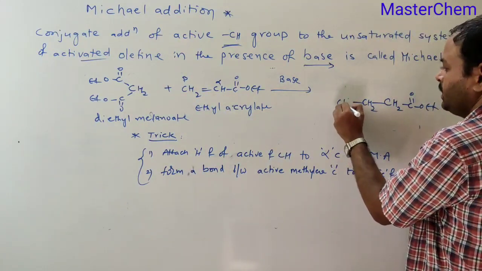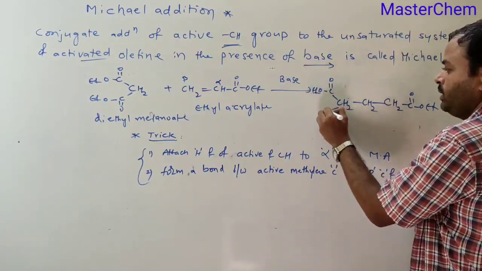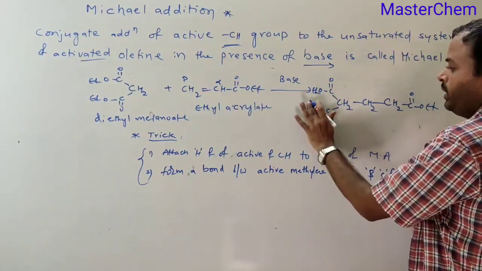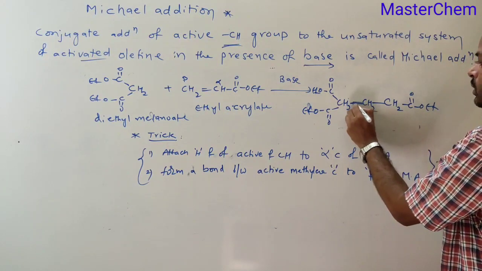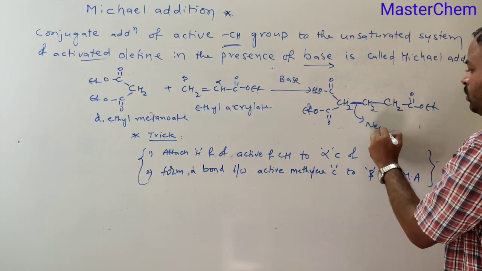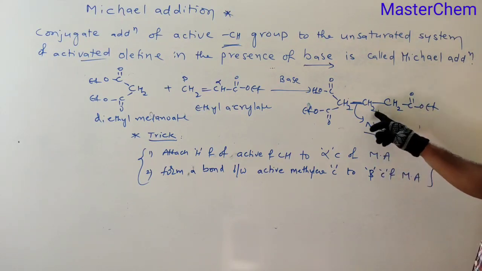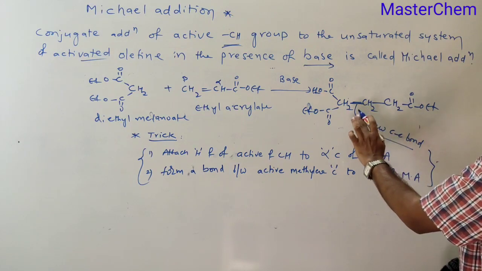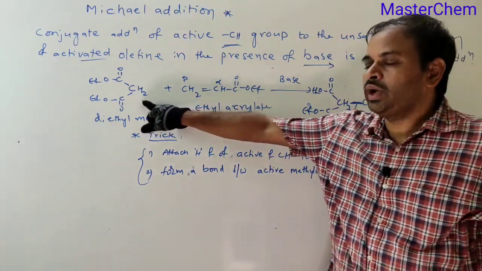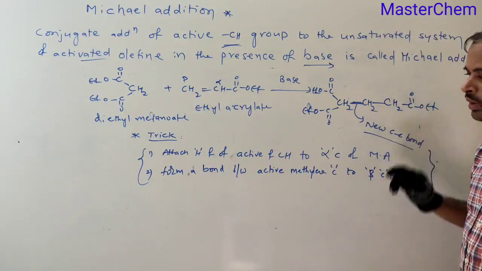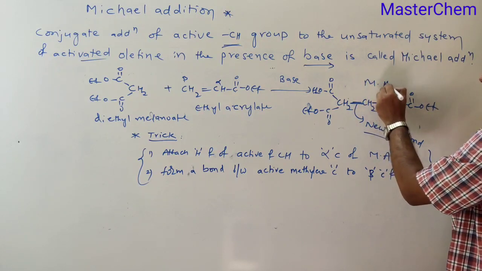So this is CH2, and the remaining part is the same, C double bond O OEt, C double bond O OEt. This is the newly formed bond, a new carbon-carbon bond, and this hydrogen is transferred from the Michael donor to the Michael acceptor. This is called the Michael adduct.